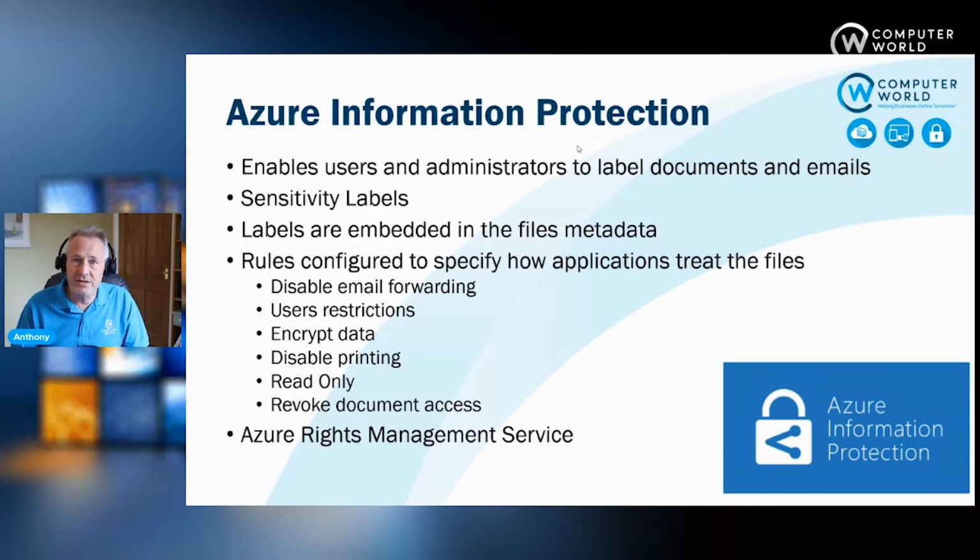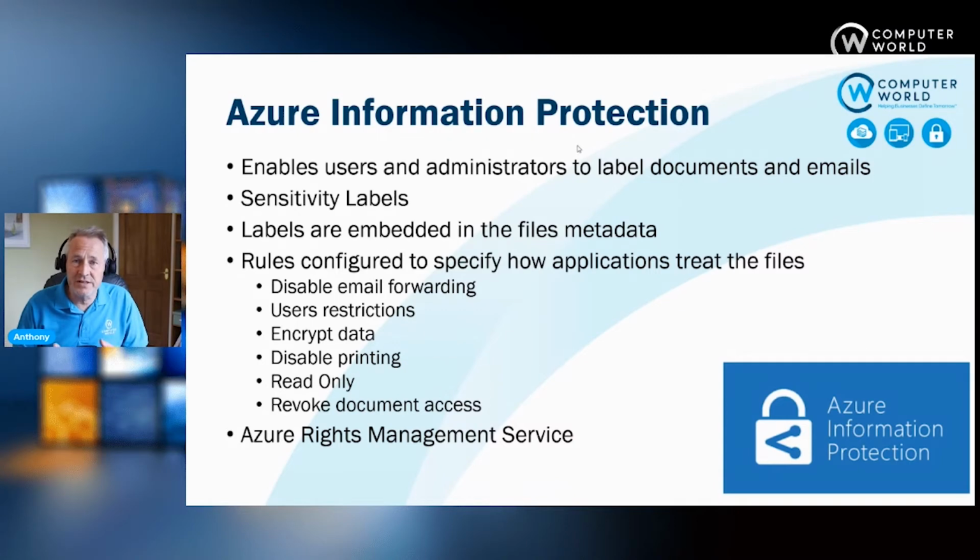And these sensitivity labels are actually embedded in the individual documents and files within our environment, and they stay there. So if I send a Word document which has got a tag in it from myself on my mobile phone to a colleague or a client on my mobile phone, that tag goes with it in the metadata, and the applications that whoever I've sent that to respect what is in that metadata.